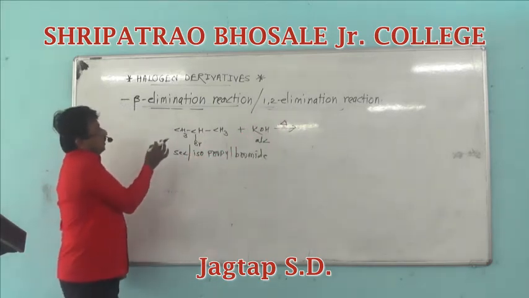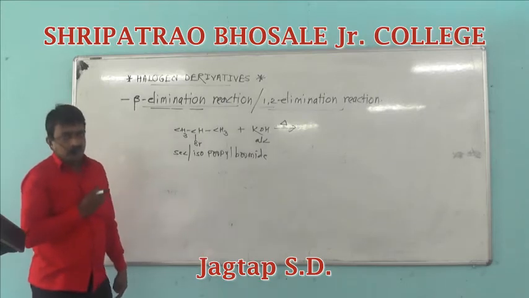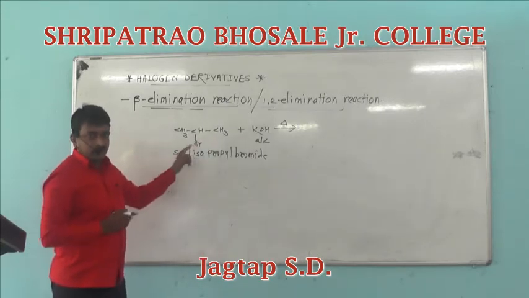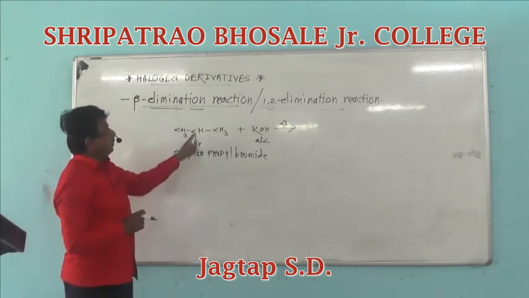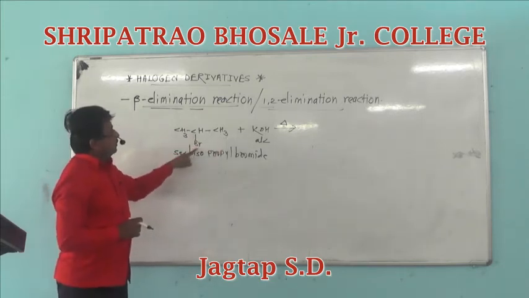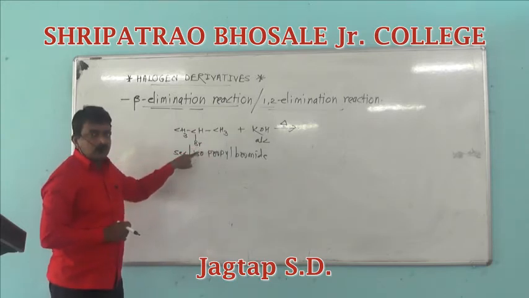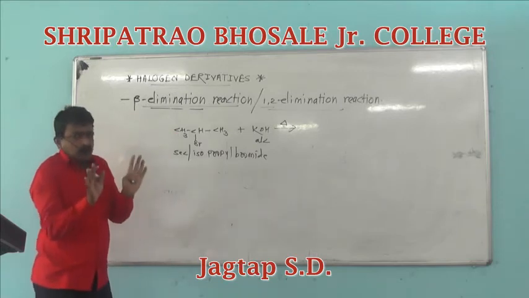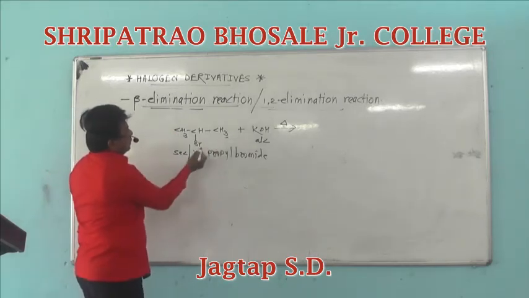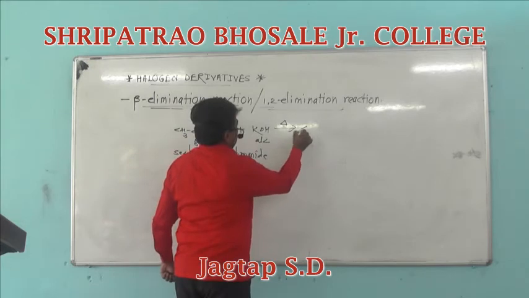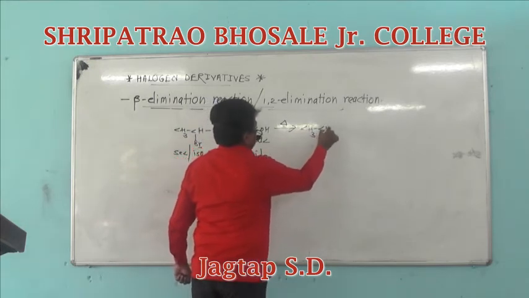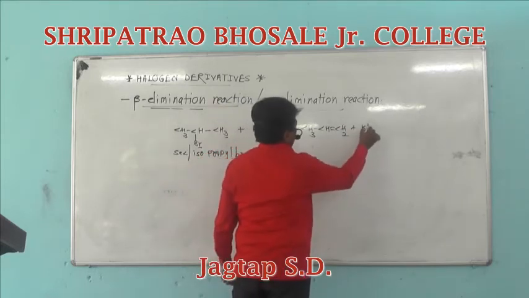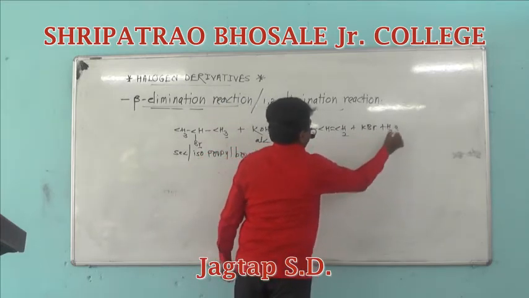So the removal of hydrogen halide takes place from the adjacent carbon, from here or here. It gives only one product, the corresponding alkene, by removal of hydrogen halide from the adjacent carbon. The product is CH3CH=CH2 along with potassium bromide and H2O.